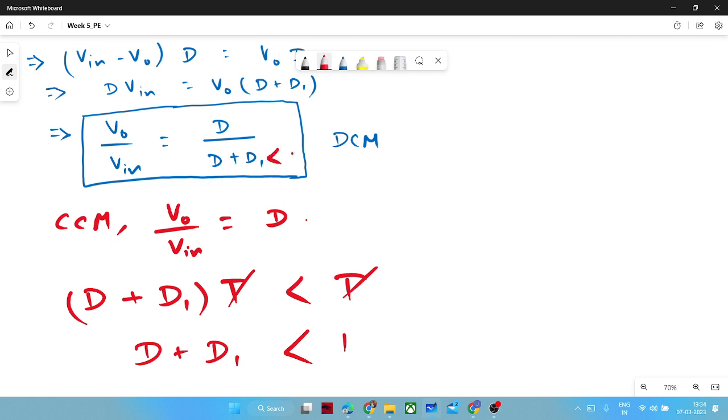If it is less than 1, then intuitively it should be greater. If D is divided by something less than 1, let us assume 0.99, it will be something like 1.01 times D, right? So it will be more.